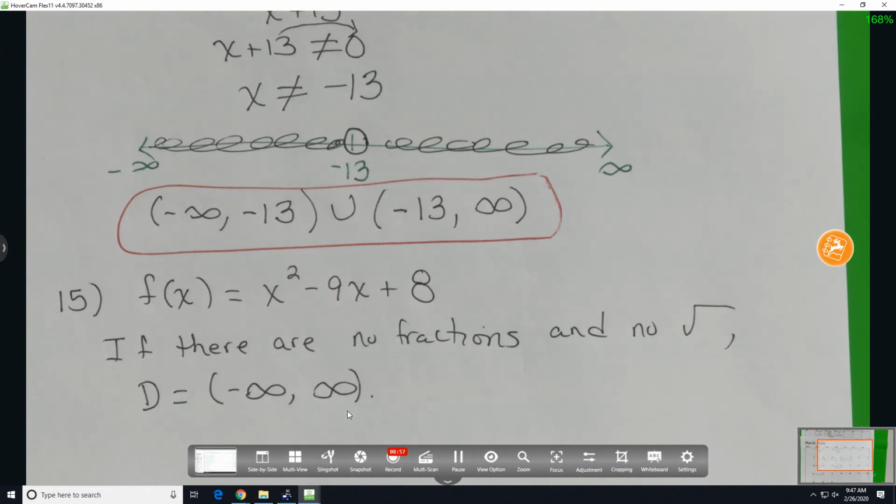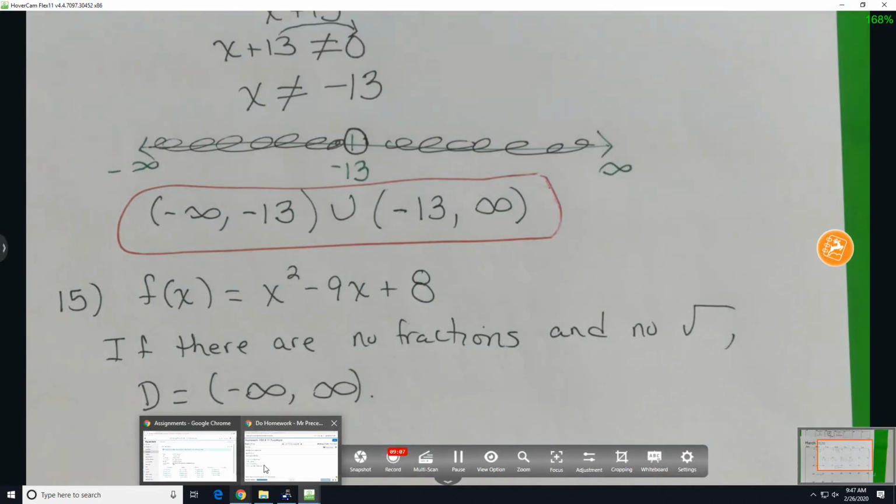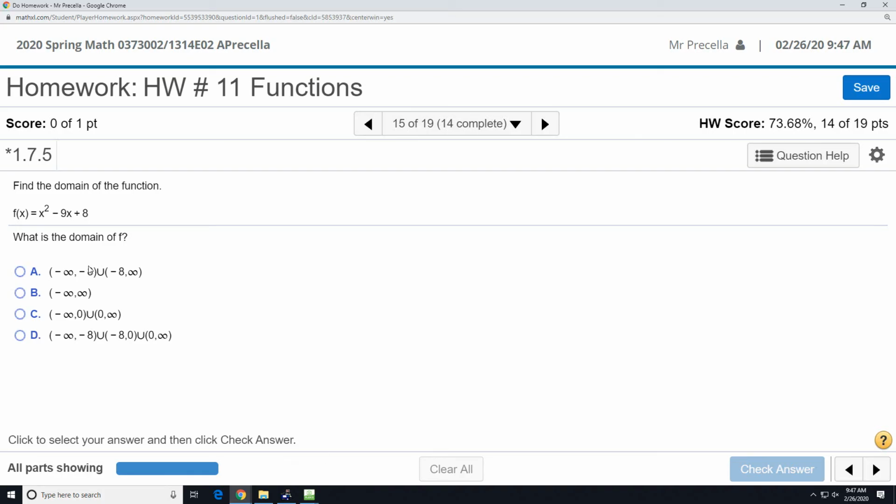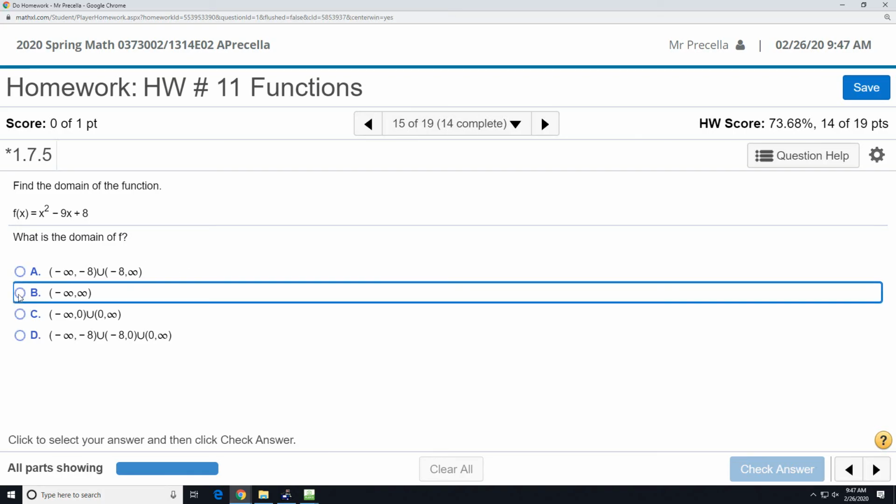So if it asks you what's the domain, and there's no fractions and no square roots in it, you just say all real numbers, negative infinity comma infinity. That would be that one.